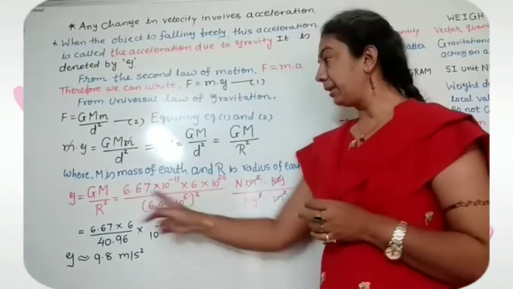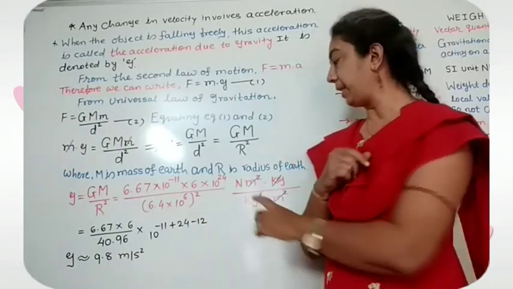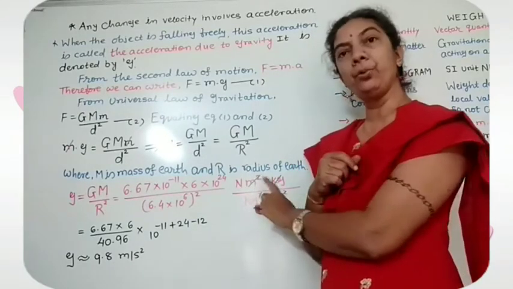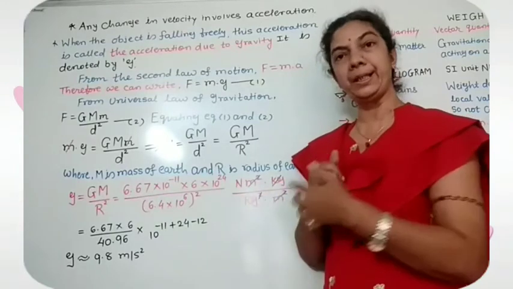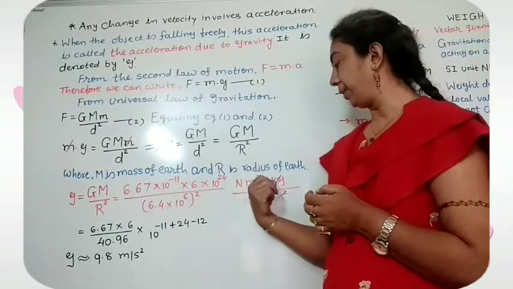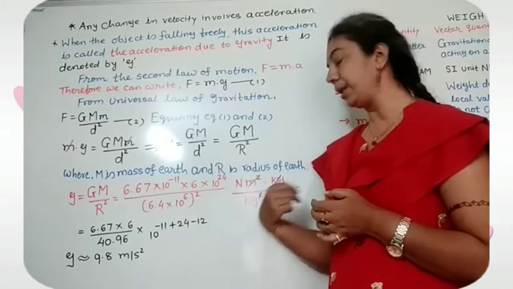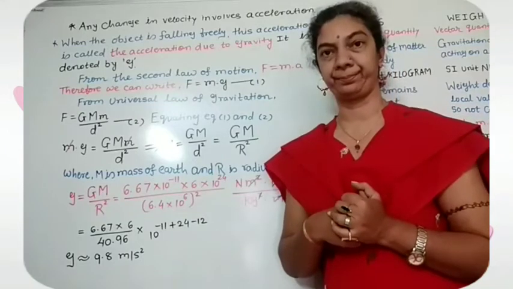If we look at the units, for capital G we have the unit Newton into meter square upon kg square. For mass the unit is kg, and for distance the unit is meter square.